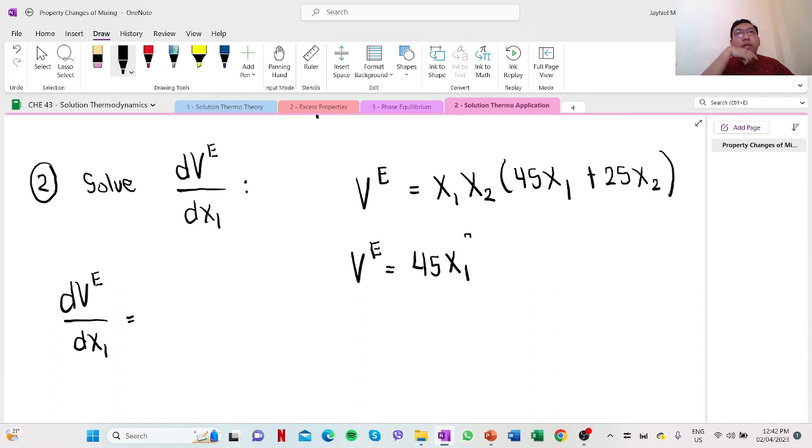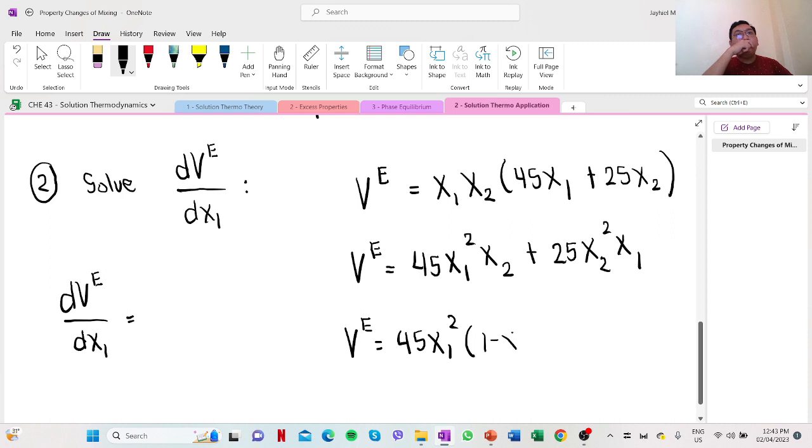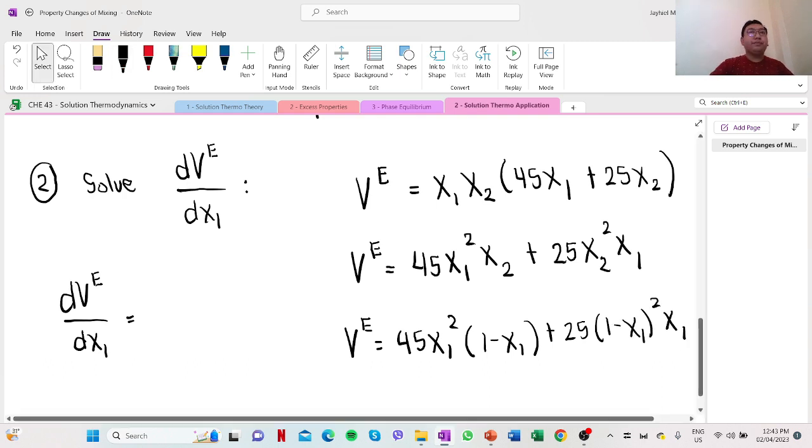We have x1 squared x2 plus 25 x2 squared times x1. And I made sure that everything is with respect to x1 so that I will not have a hard time getting the derivative later. So I expanded it: 1 minus x1 squared times x1.